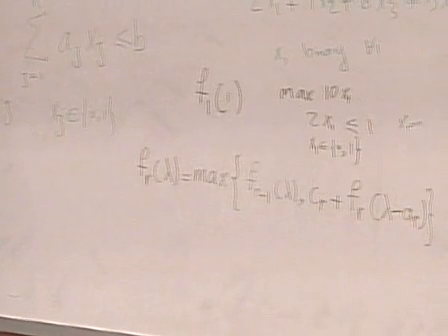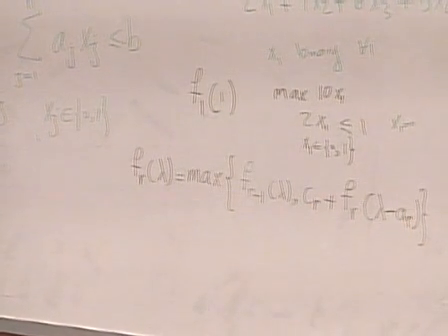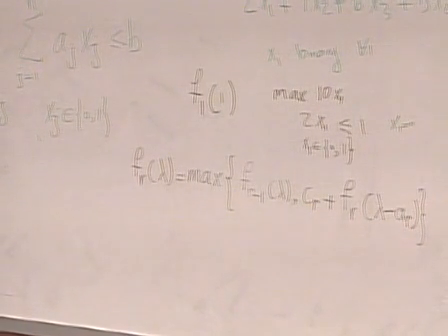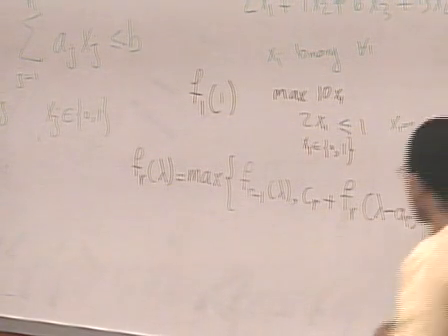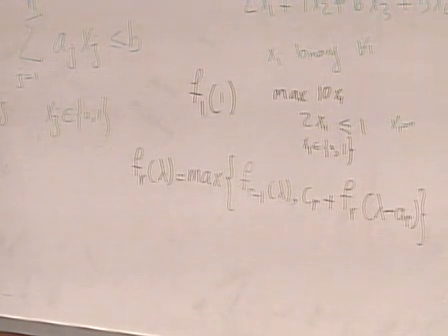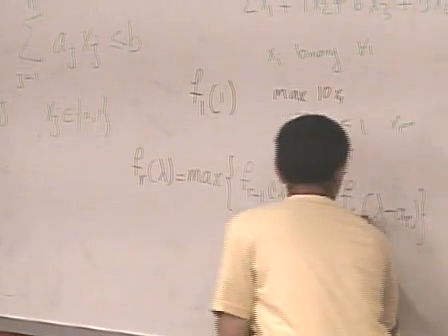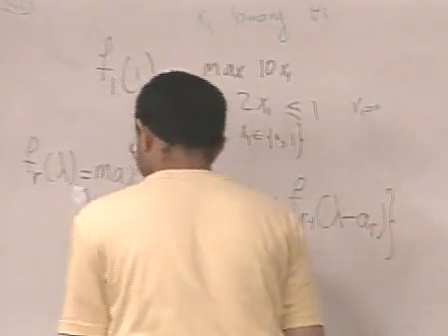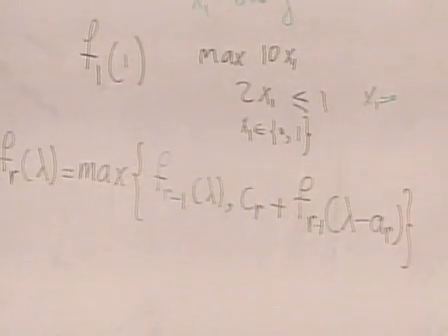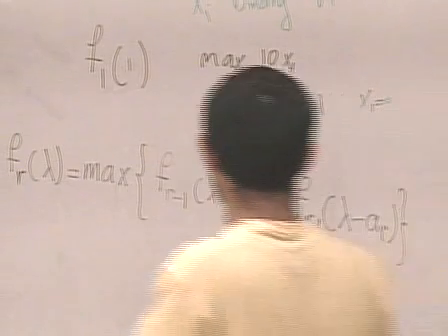Sorry, I made a mistake. This is R minus 1. Let me make sure I wrote it correctly. Yeah, this is R minus 1. Sorry, I was writing it for something else.